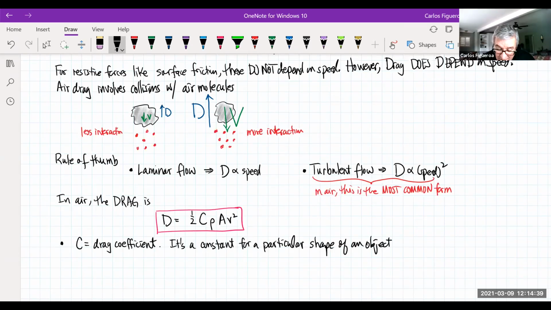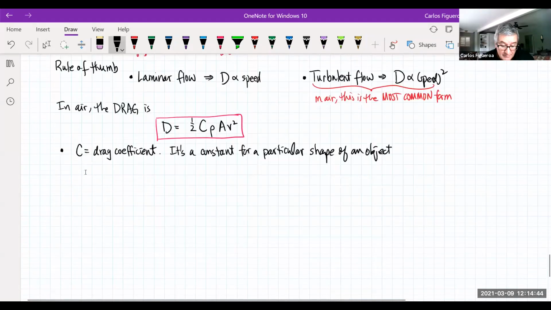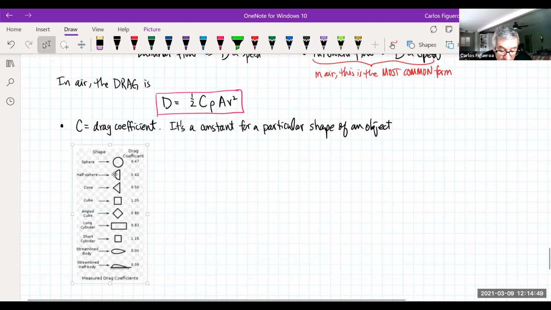If I look at this, there's a table, and I just copied this table right off of line.